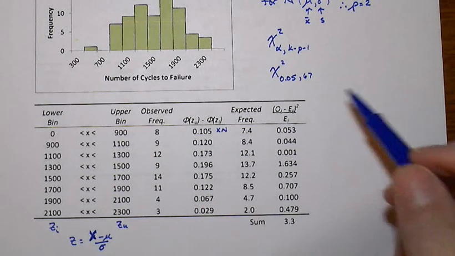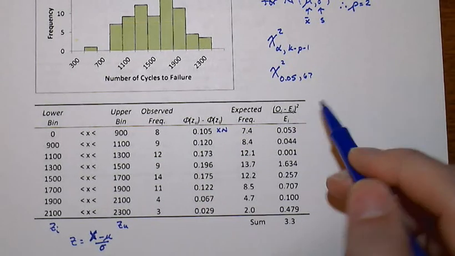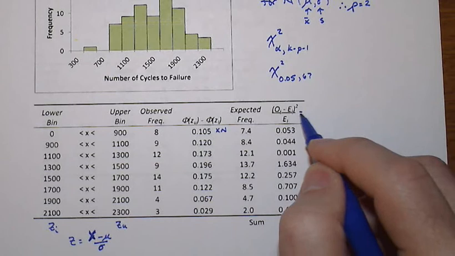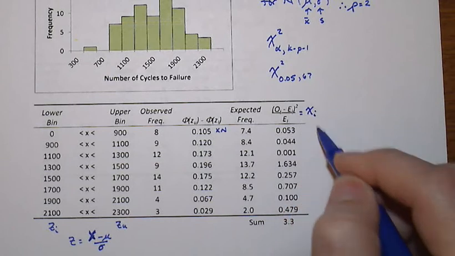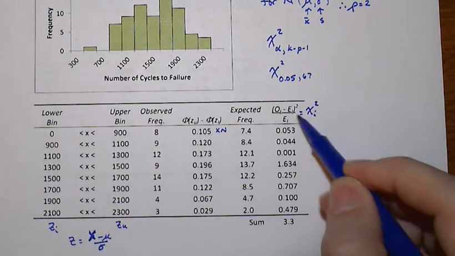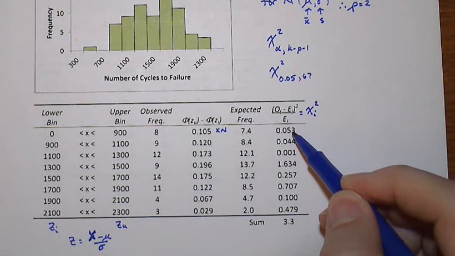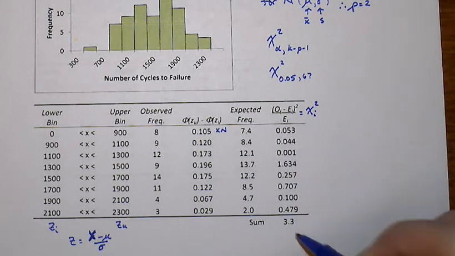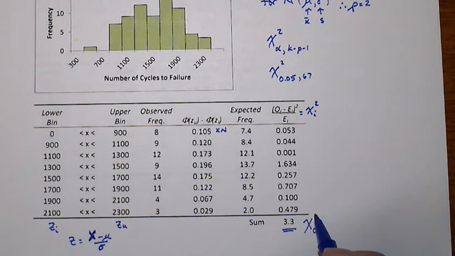And then here, this is the compilation of our individual squared or chi values for each bin. Okay, and then just add them all up, and that gives us our sum. That gives us our statistic for that data set.